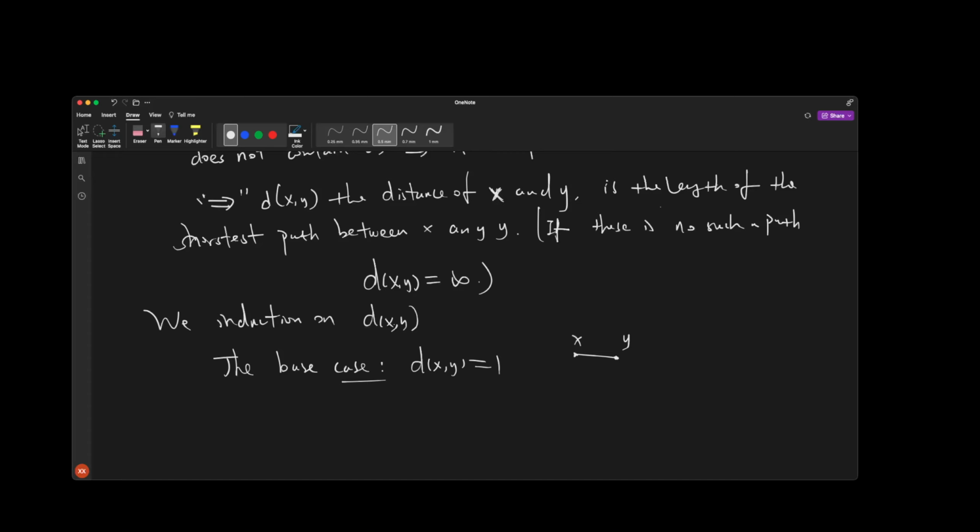Because there is no cut vertex, in particular y is not a cut vertex. So G minus y is connected, because y is not a cut vertex.